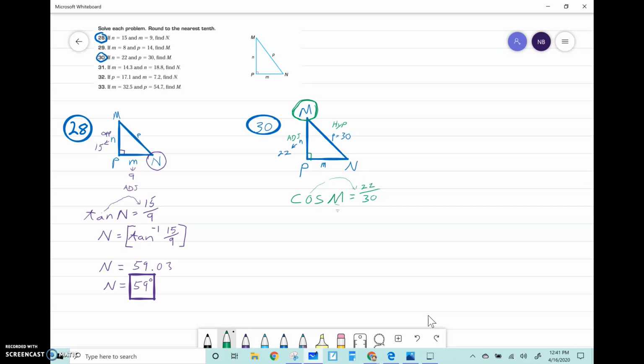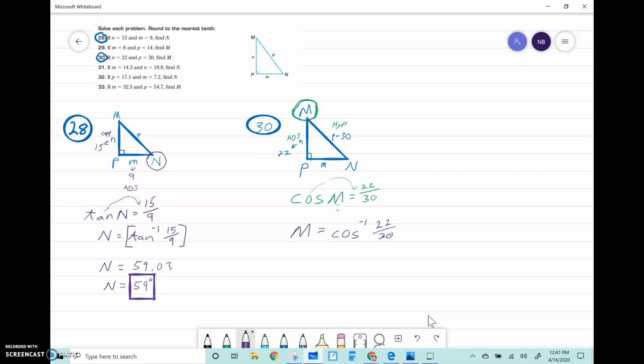So we're going to rewrite this equation for our calculator as angle M equals cosine inverse, because we moved it to the other side, so it changed. And we keep our fraction right here.